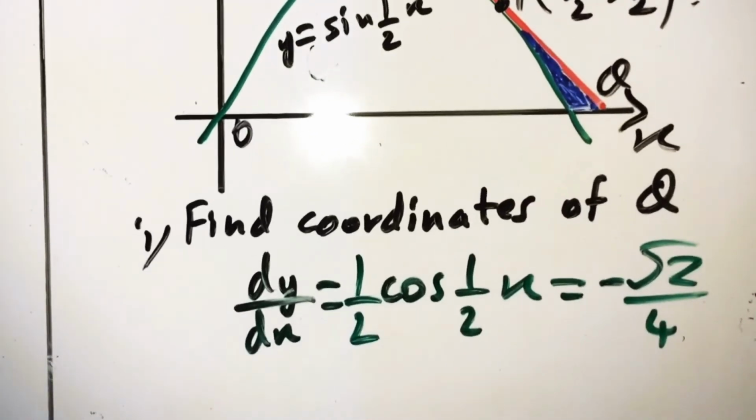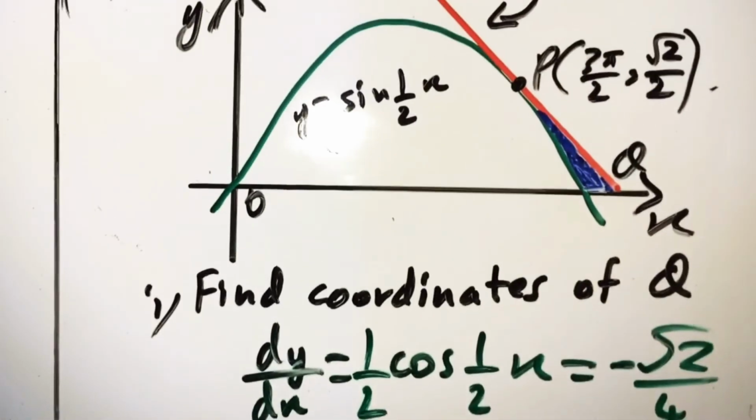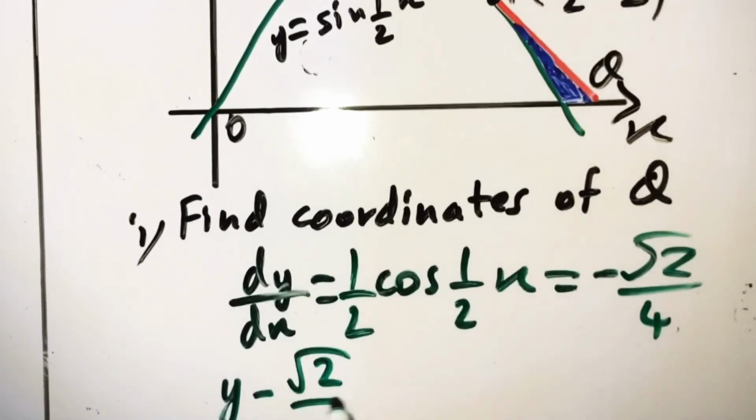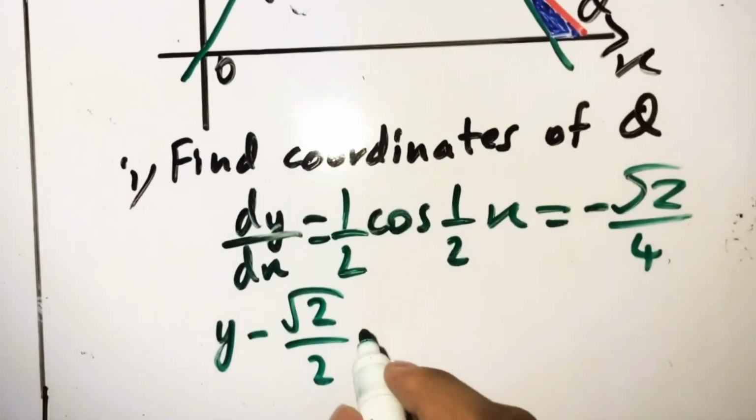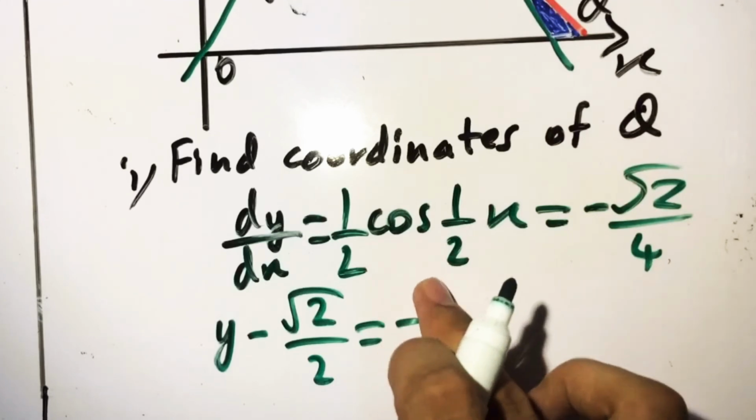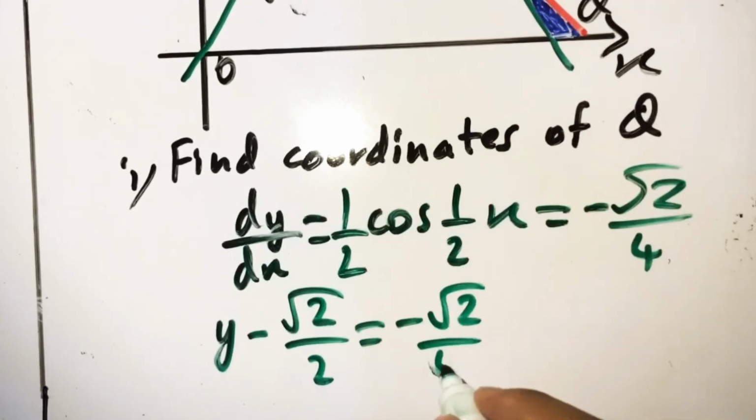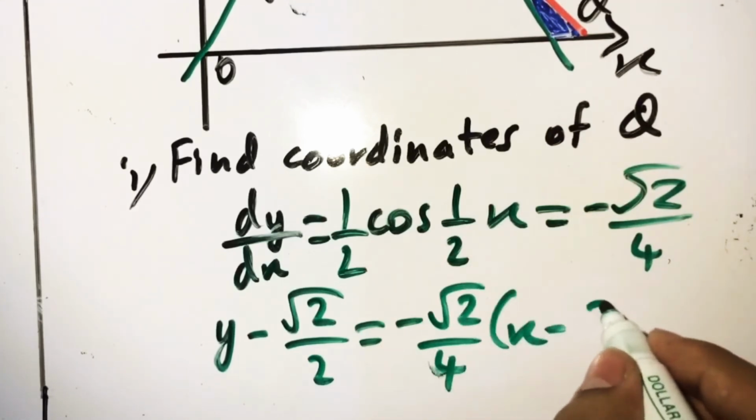Now for the equation of the tangent, we have y minus y1 is equal to dy over dx into x minus x1. y1 is under root 2 upon 2, equal to dy over dx, and x1 is 3 upon 2 pi.